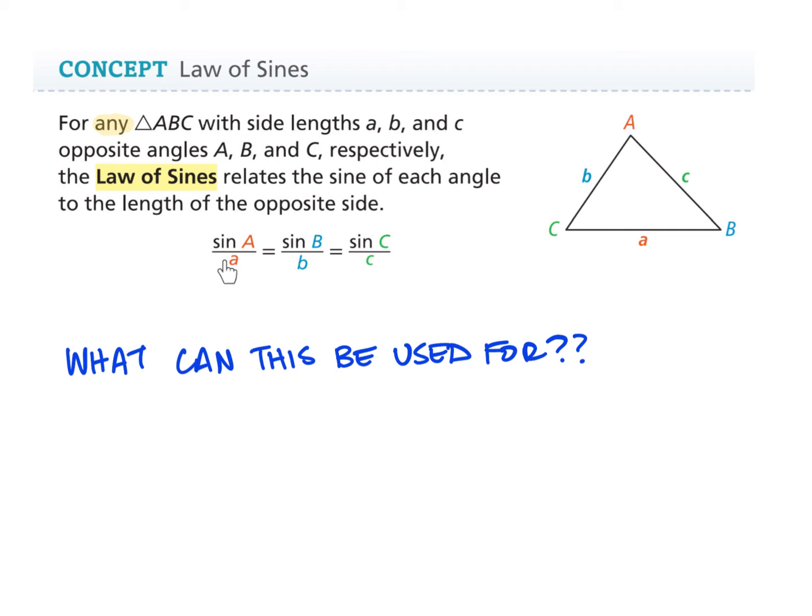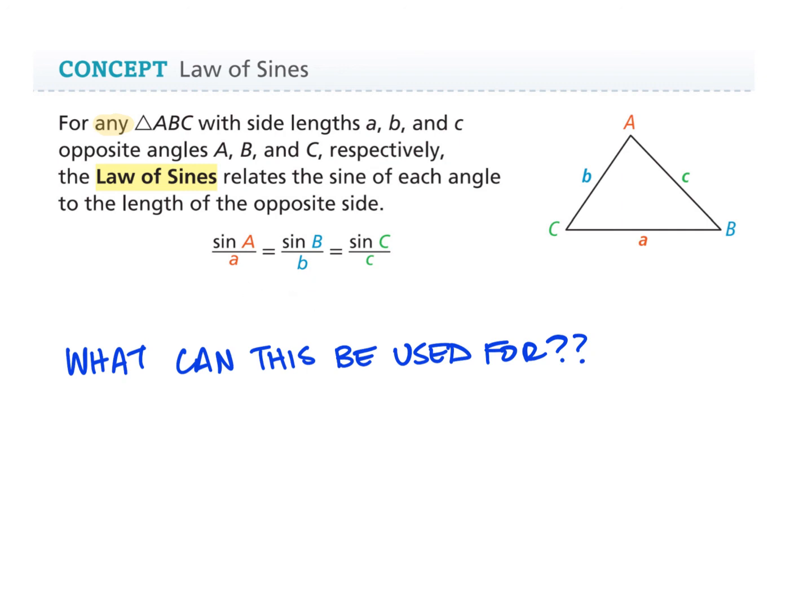So we can take this relationship and we can use that for something very specific. Notice, again, I said I was going to come back to this idea that it says for any triangle ABC. The fact that this works not just for right triangles, but for any triangle, a right triangle or an acute triangle or an obtuse triangle, an isosceles triangle, an equilateral triangle, any triangle you can think of will have this relationship.